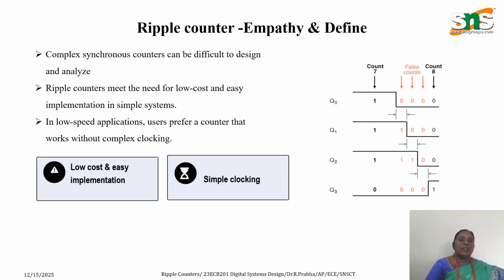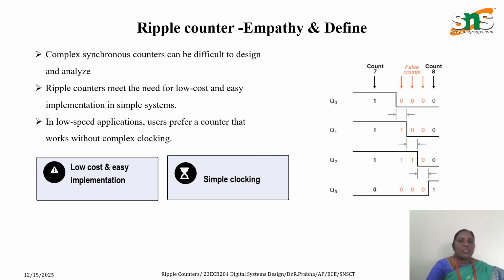So now we are coming to the topic ripple counter. There are two types of counters. One is synchronous counter and another one is asynchronous counter. And this classification is based on the application of clock signal. In synchronous counter, all the flip-flops are receiving the common clock. Common clock pulses are simultaneously applied to all the flip-flops for the operation.